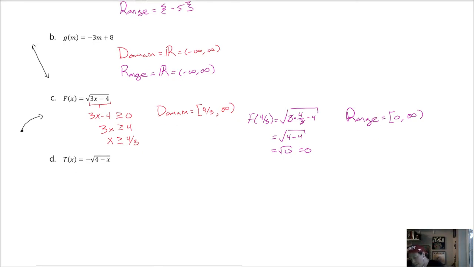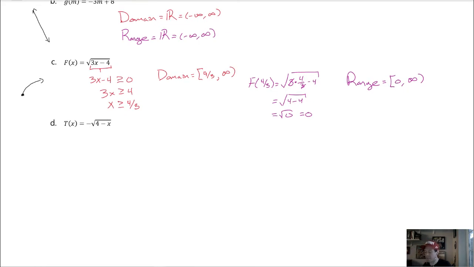Right, one more here. Capital T of x equals the negative square root of 4 minus x. Again, we want the inside 4 minus x to be greater than or equal to 0. Go ahead and subtract the 4 to get negative x is greater than or equal to -4. And then divide by -1 to get x is less than or equal to +4.